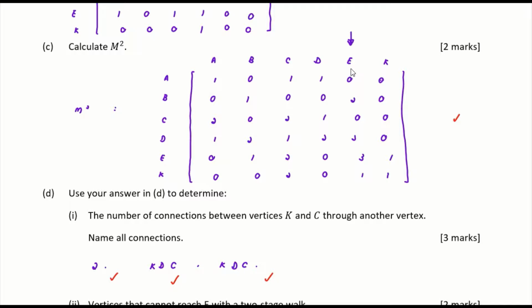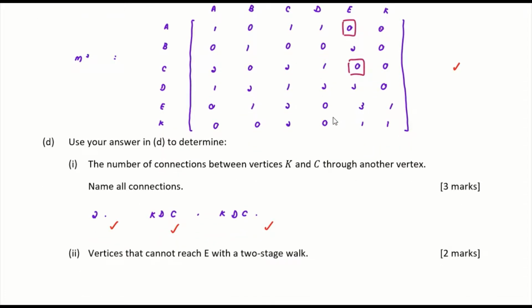Because this column will tell you how many walks of length 2 enable you to travel from A to E, from B to E, from C to E, from D to E, from E to E, from K to E. You'll realize that for this part, you will have this 0 and then this 0. So it indicates that there is 0 walk of length 2 that allows you to travel from vertex A to E and from vertex C to E. So that's why the vertices that cannot reach E with a two-stage walk are basically A and C. Okay, so I hope things are clear.